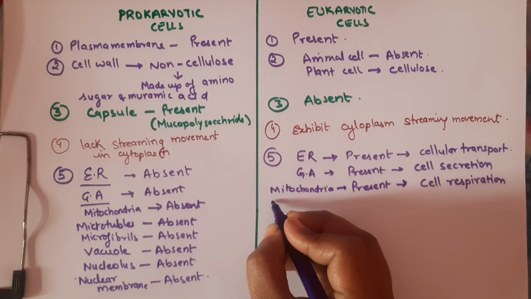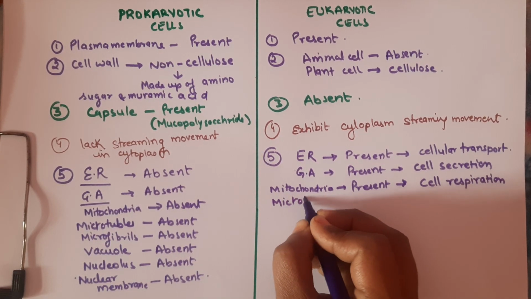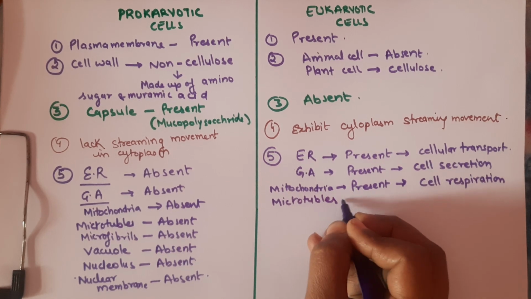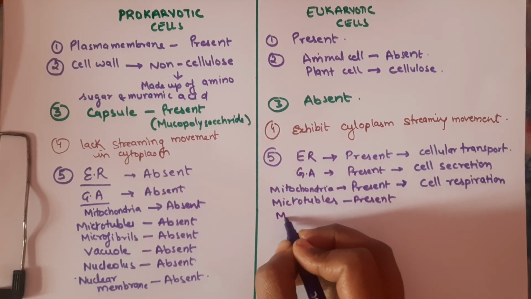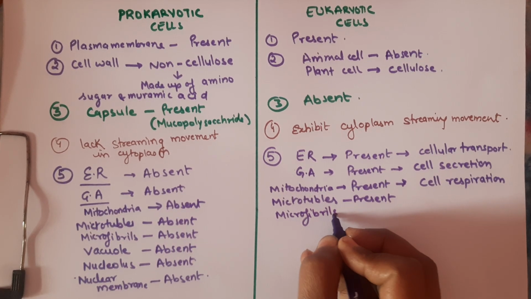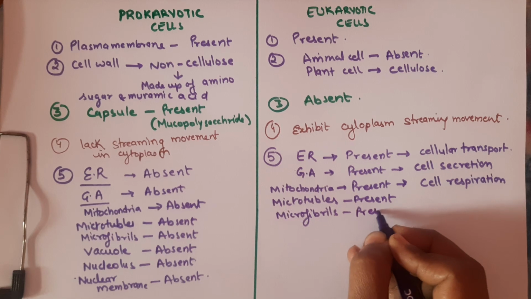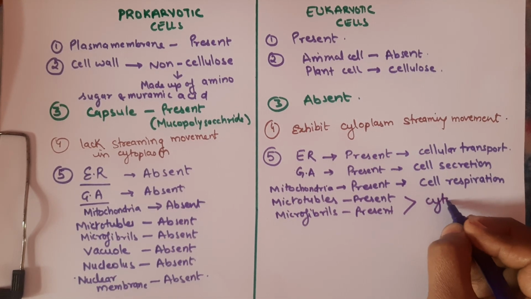The next is the microtubule. Microtubules are present, and the microfibrils are also present in the eukaryotic cells, and they occur in the cytoplasmic matrix.